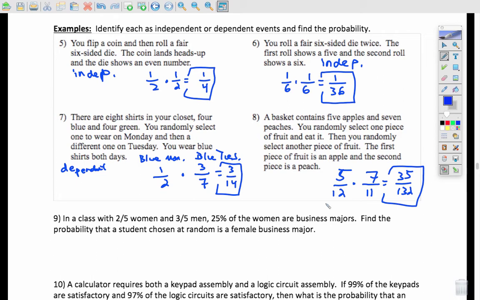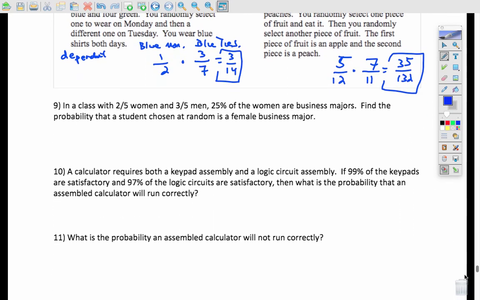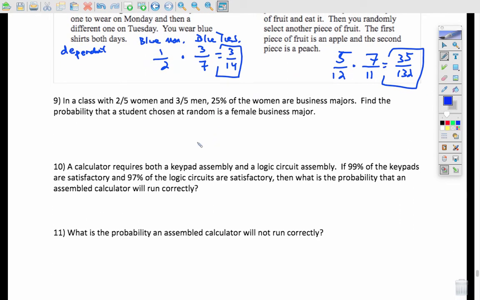So that's the situation with that one. Again, you just have to talk yourself through this and figure out what's going on. The known information is that you've already eaten an apple, so now you have to find the probability you eat a peach, given the fact you've already eaten an apple.